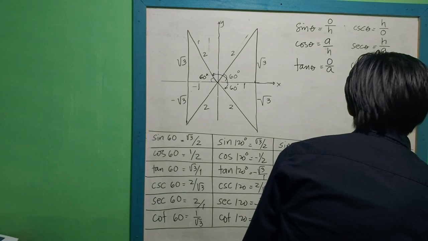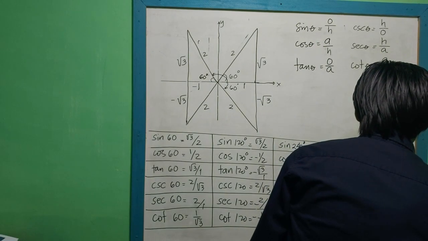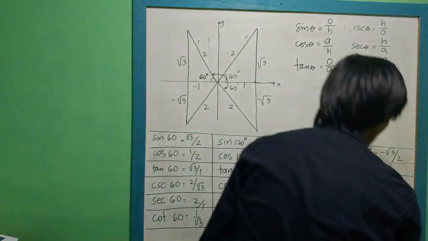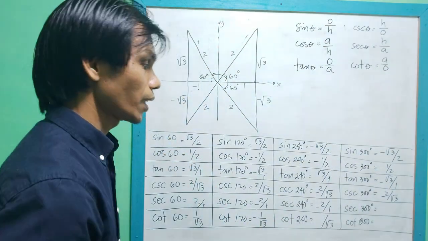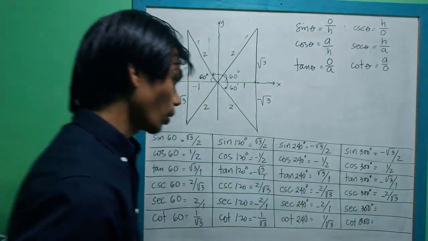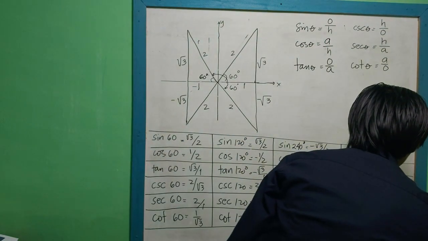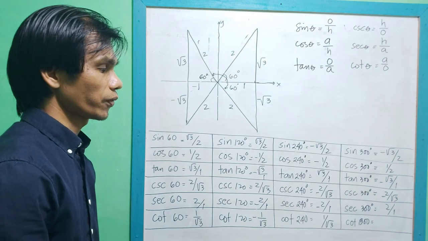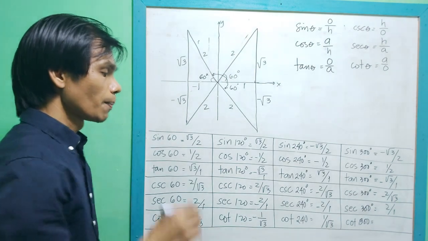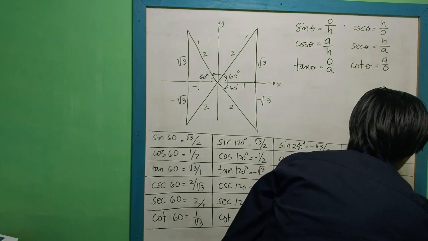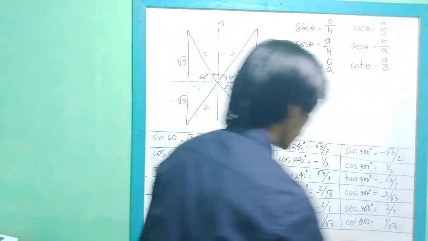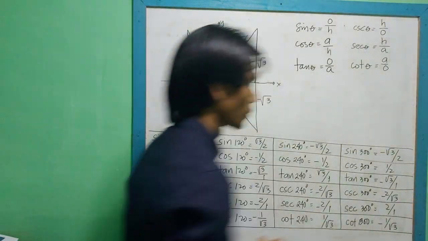So, that will be 2 over square root of 3. But then, our square root of 3 is negative. Okay? Secant of 300, pagbalik rin lang natin yung cosine, that is 2 over 1. And then cotangent of 300 is equal to 1 over square root of 3. But then, our square root of 3 is negative.